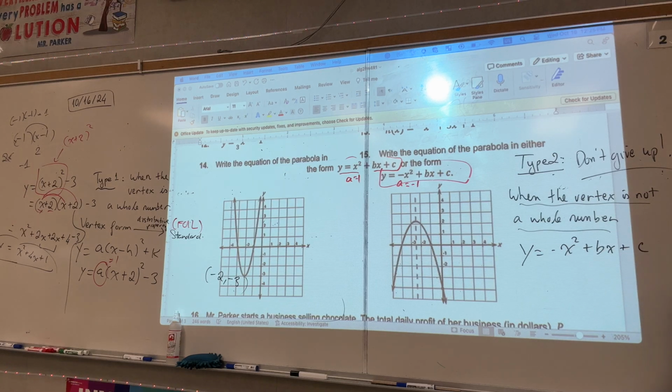So what's good? How many pieces of information do you need to find? Not y and x. Y and x need to be there for the function. So you need to find the b and c. So b and c, problem 15.